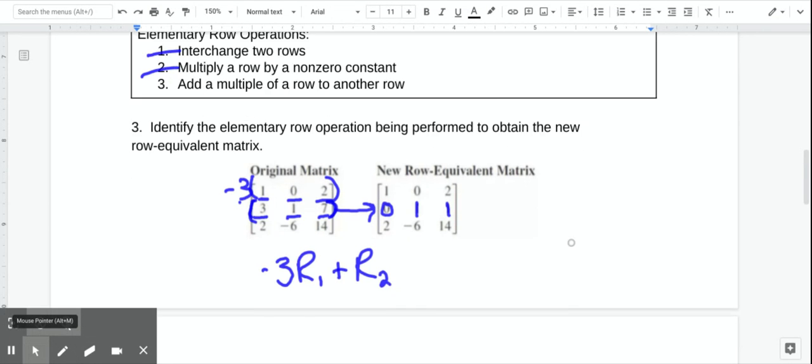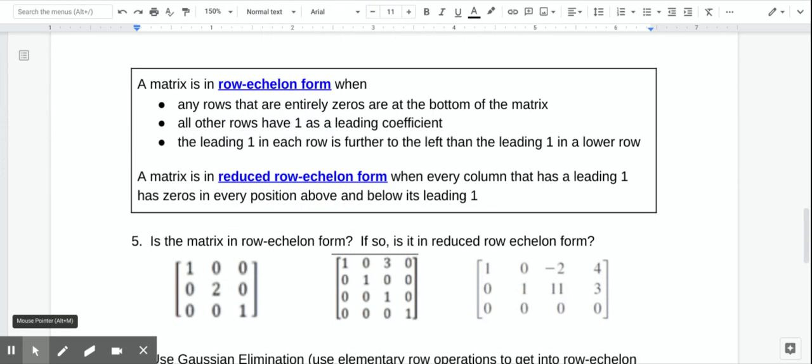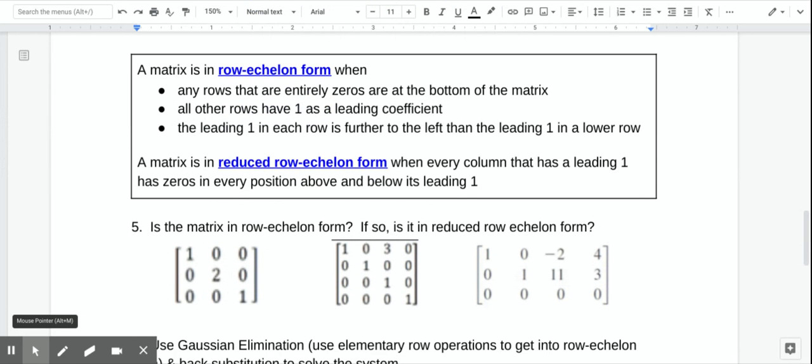Now, we have something called row echelon form and reduced row echelon form. Row echelon form has three requirements. Any rows that are entirely 0 are at the bottom. All other rows have 1 as a leading coefficient. And the leading 1 in each row is further to the left than the leading 1 in a lower row.